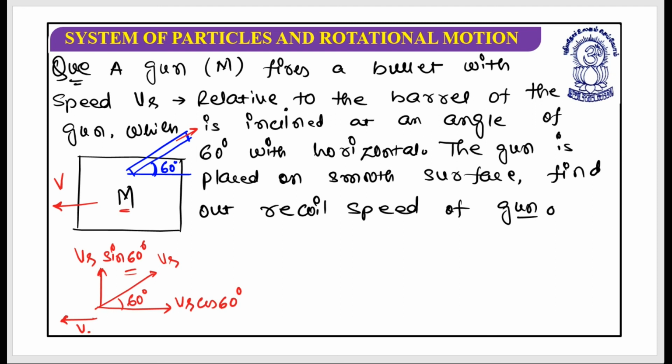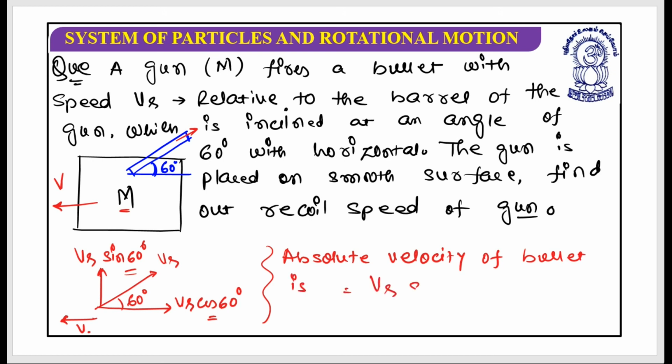So indirectly what I can say is that this would be the net speed, or I could say the absolute velocity of the bullet is VR sin 60 minus V. Oh, I made a mistake.